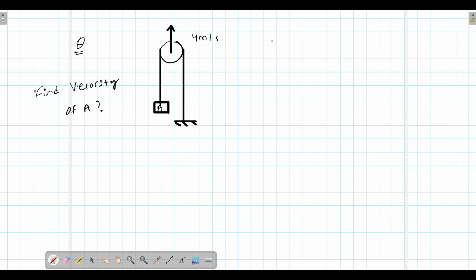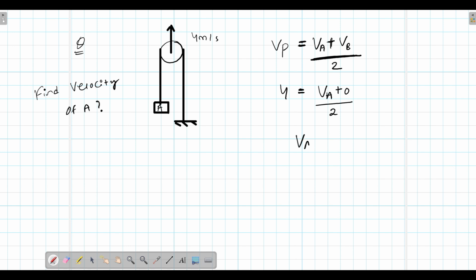So vp equals how much? vp equals va plus vb divided by 2. vp equals 4, and va plus vb, where vb equals 0, divided by 2.